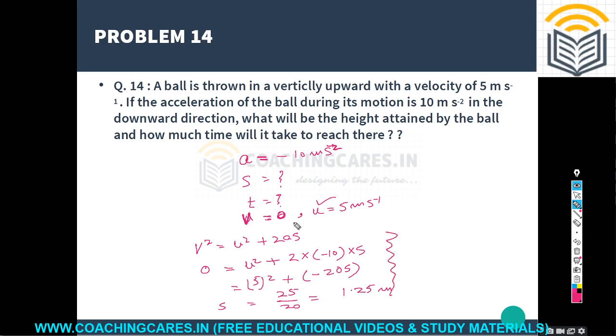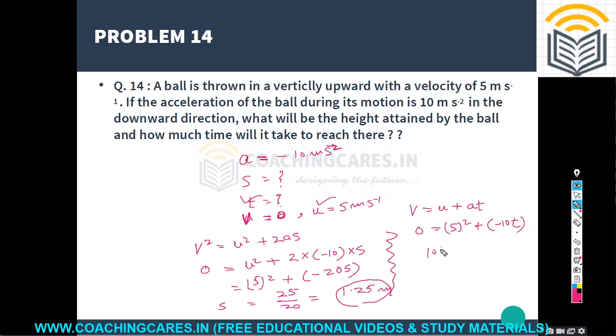Another, we have to calculate t. So this is one answer we got. Another one, t. So we can apply v equal to u plus at. So v is 0, u is already given, plus a, that is minus 10, and time we have to calculate.